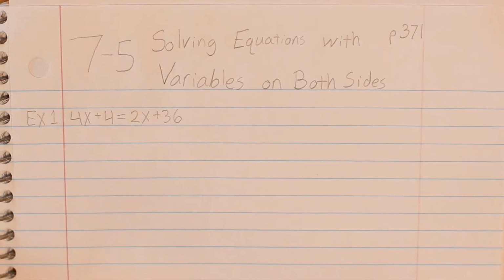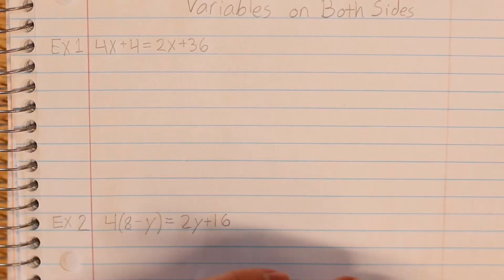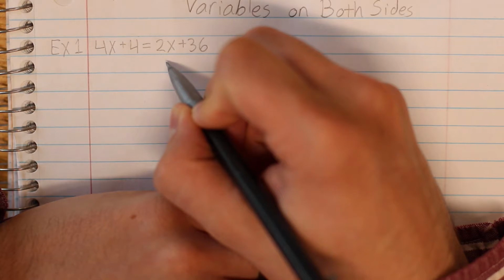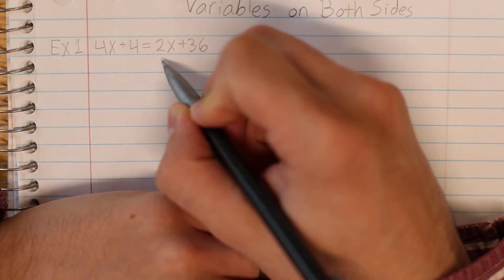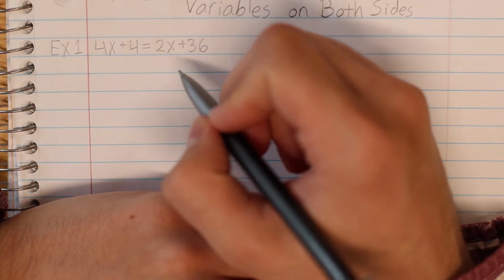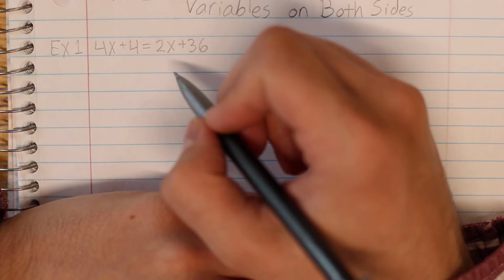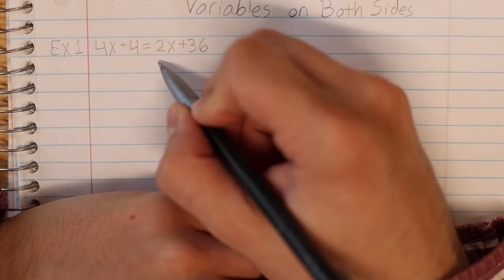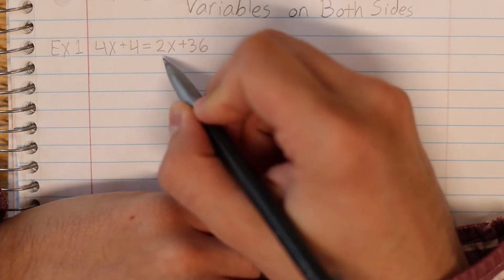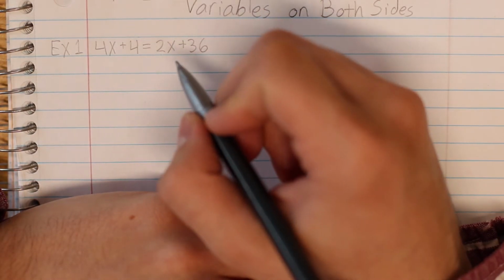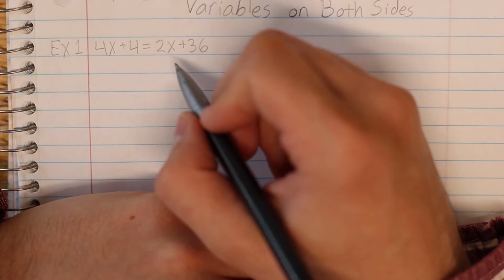Thankfully, this is real easy to do. So let's look at this first example right here. What we need to do is get rid of, in a sense, one of these x's. And what I have found through all my vast years of knowledge and studying is that if you get rid of the smaller x variable first, it will help.